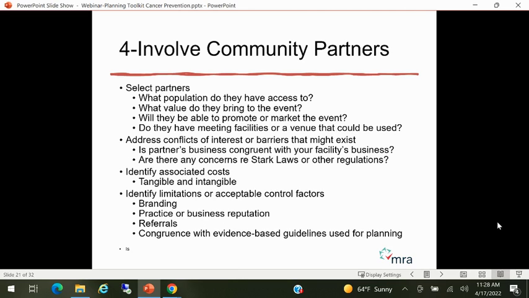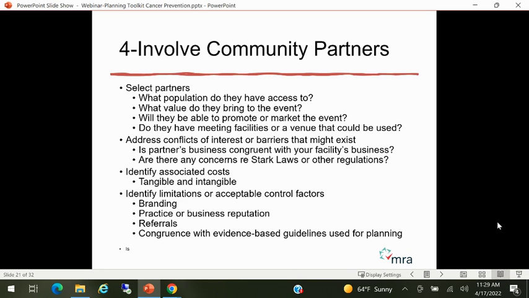For example, if you are looking at the schedule for mammograms, and your partner is using the United States Preventive Services Task Force and you are using American Cancer Society or NCCN guidelines, then you're not going to be congruent with one another. So identify that all up front.